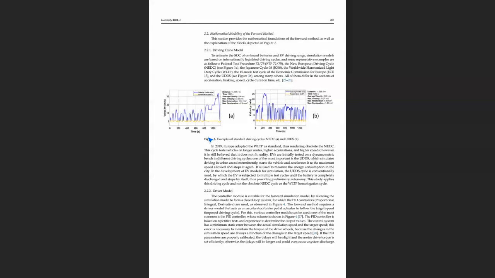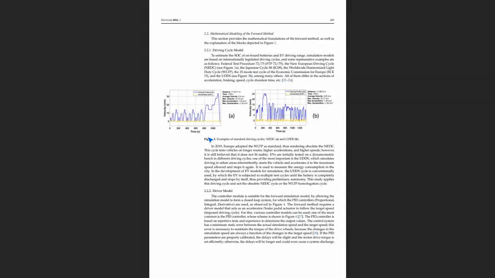Maybe 20 drive cycles are available in the world. In your simulation, you will define a drive cycle. You can use NEDC.